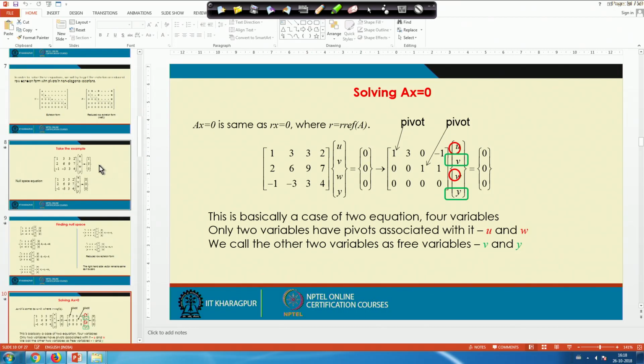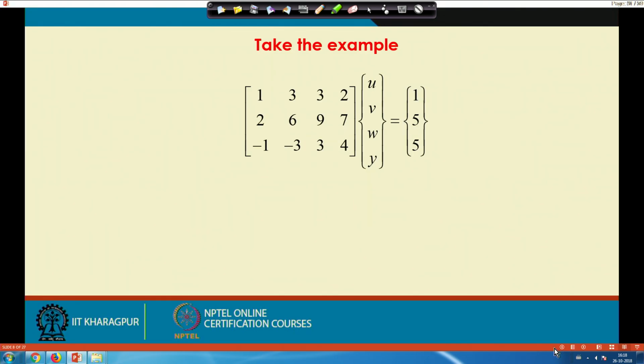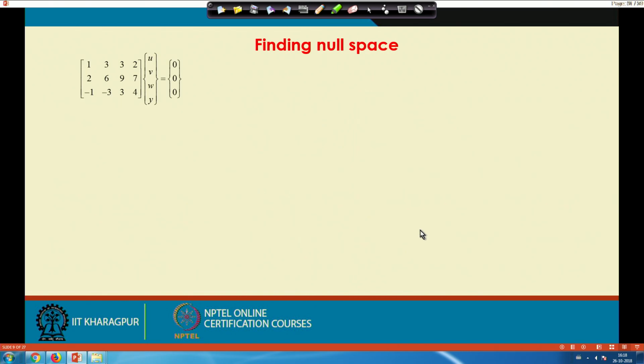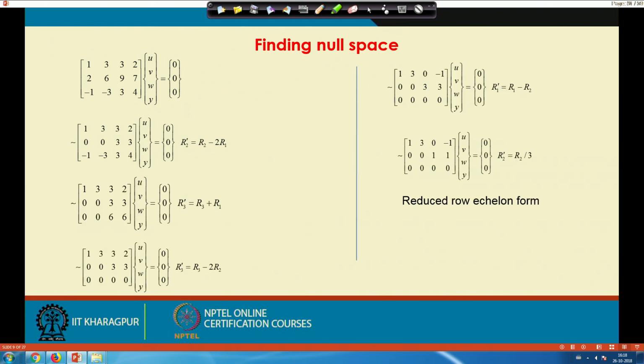In case we are solving this equation Ax = b, this is your A matrix, this is x and this is the b vector, and this has infinitely many solutions because the matrix A is a singular matrix. So, we first solve the null space equation. While solving the null space equation, you start with Ax = 0 and get the reduced row echelon form of the A matrix.